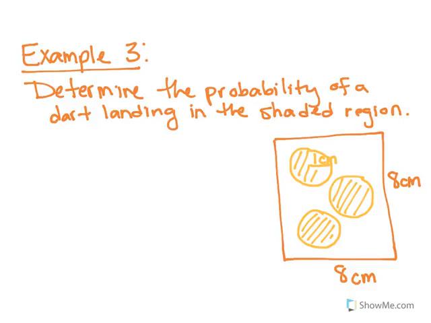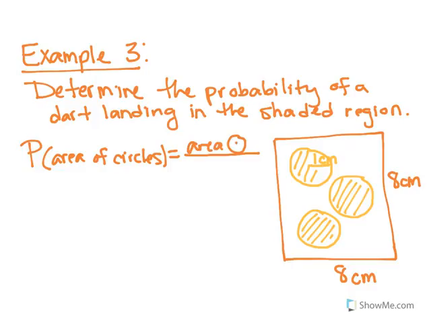So first of all, we need to determine exactly what our probability is talking about. We want the probability of the circles, so the area of the circles, and that's going to be equal to the area of the circles divided by what?